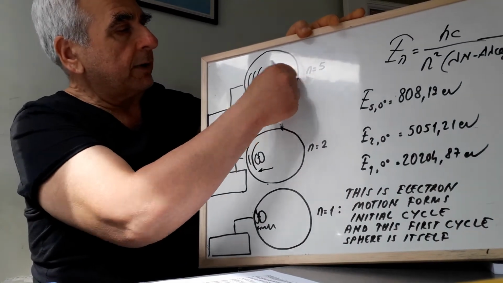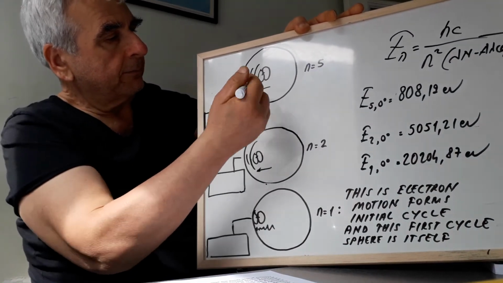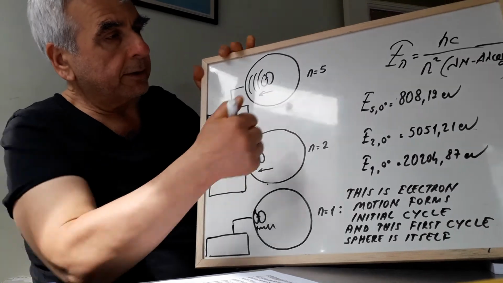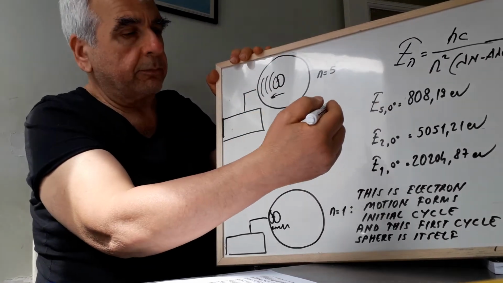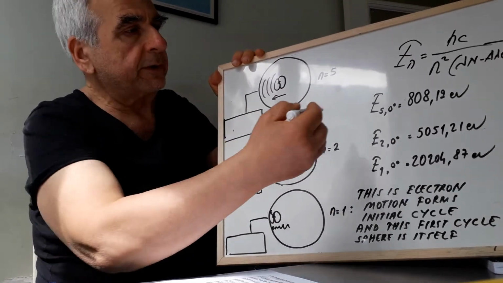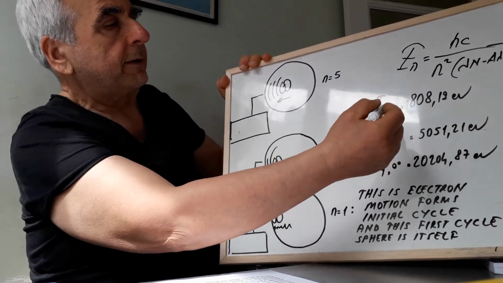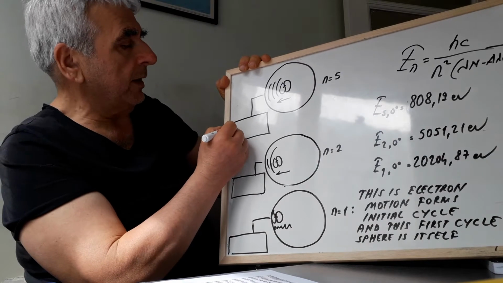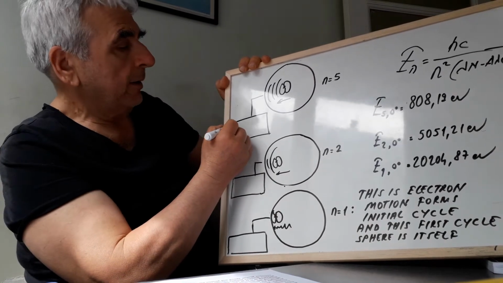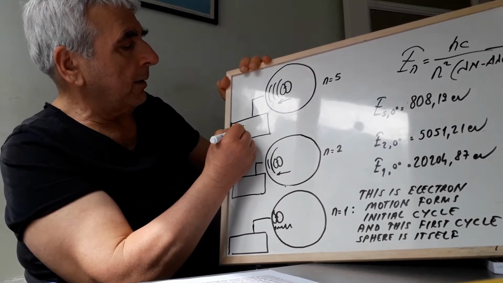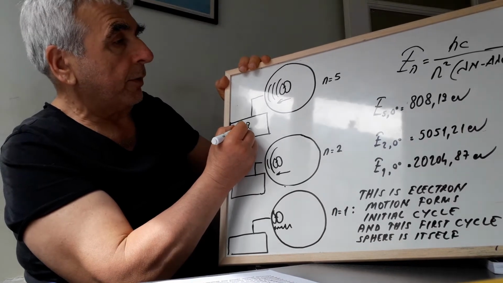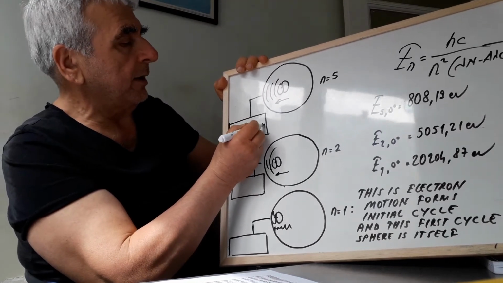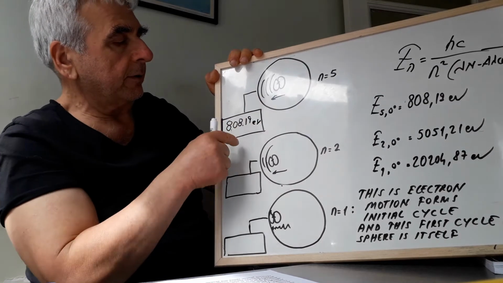If n equal 5, here, according to my theory and my formulas, I computed that this gauge will display 808.19 eV energy. Okay.